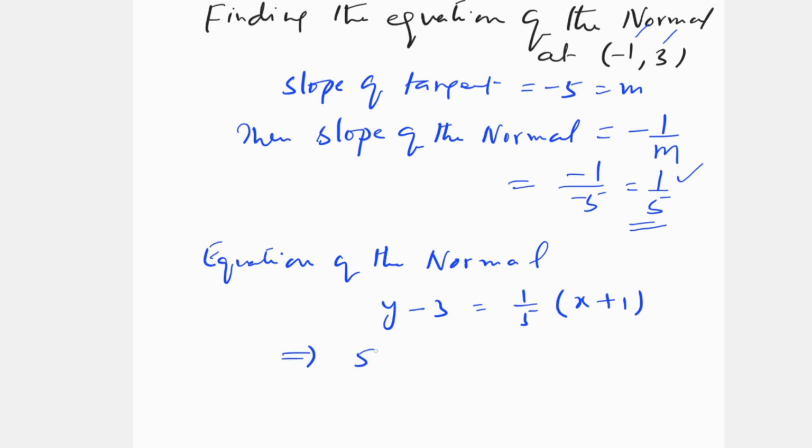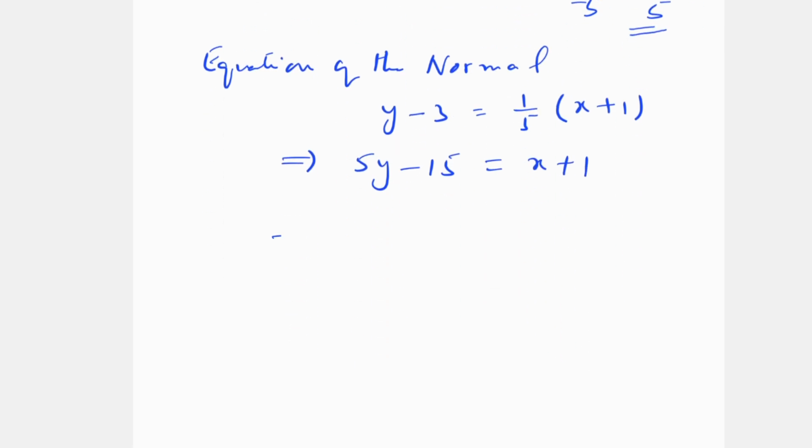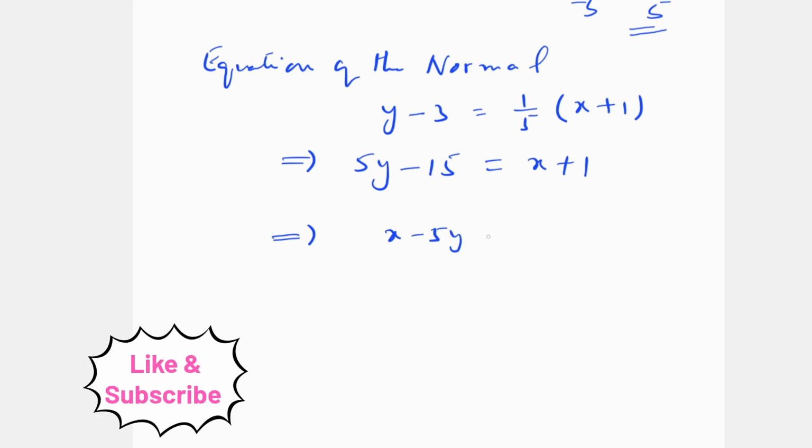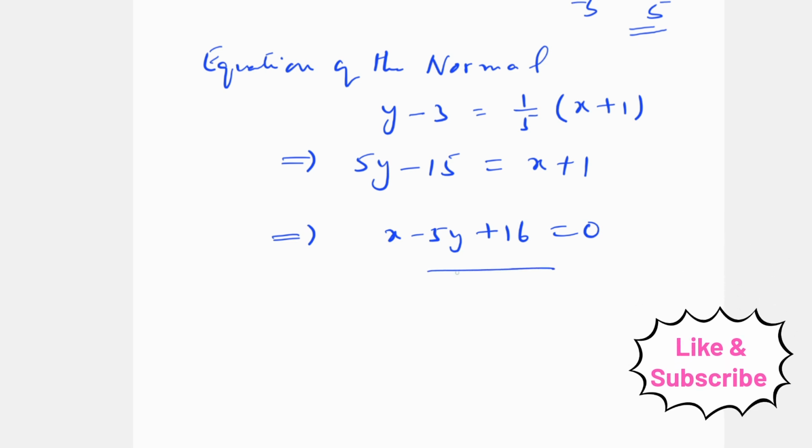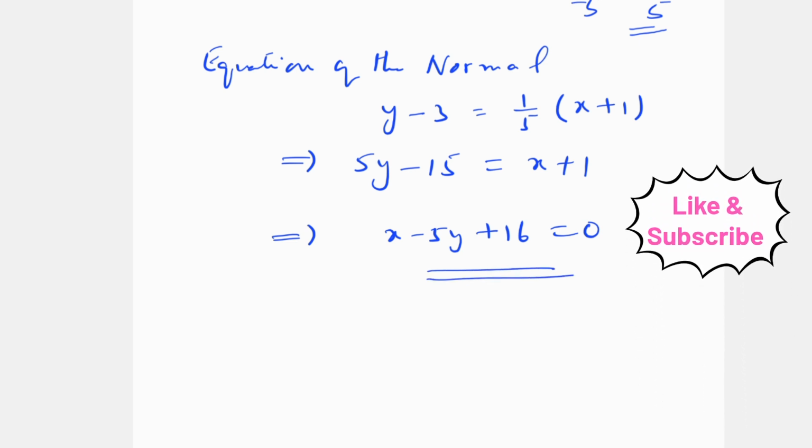Multiply both sides by 5. 5y minus 15 is equal to x plus 1. Bring all the terms to one side. x minus 5y plus 16 is equal to 0 is the equation of the normal. This way we got all the required answers.